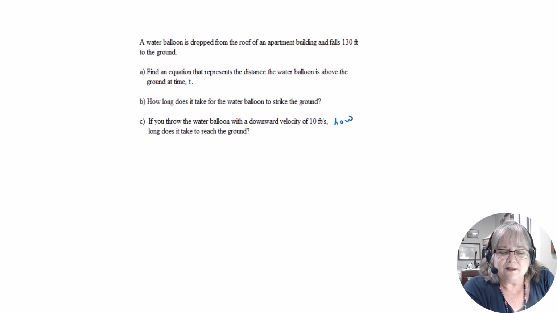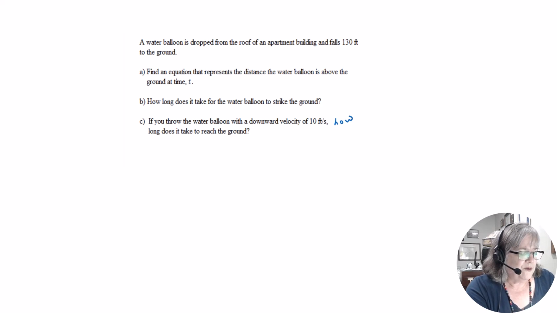The other thing is that you notice on part A, it says find an equation that represents the distance, or the position. If something is being dropped, the only thing that actually makes it fall to the ground is gravity, right? And in the English system, you have this 32.2 feet per second squared acting downward.